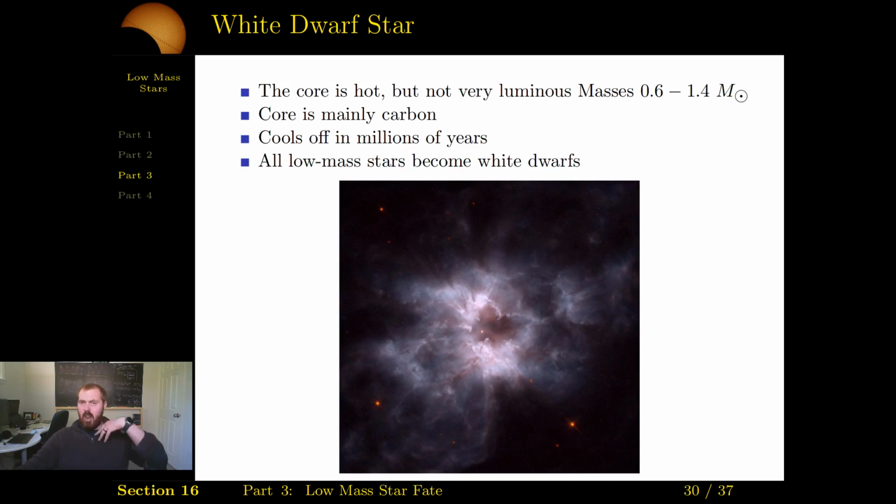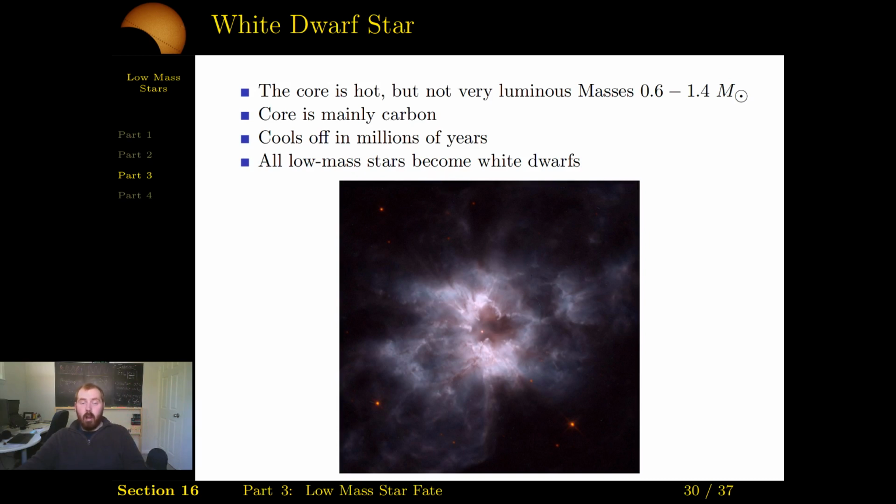And it was this very hot object, and it's just radiating all of its thermal energy away over time. It's cooling off slowly through the millions of years because it was a hot object just glowing in space. No more fusion to replace that missing energy. So the white dwarfs, as they get older and older, will become dimmer and dimmer.